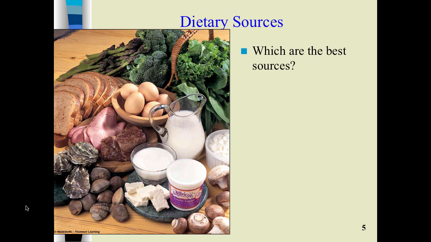Which kind? Whole, enriched, fortified. And the last one, meats. Meats, a variety of different types of meats.